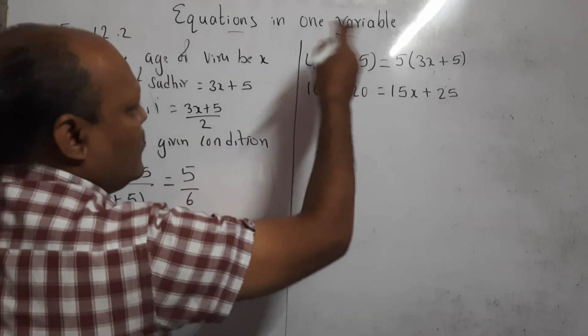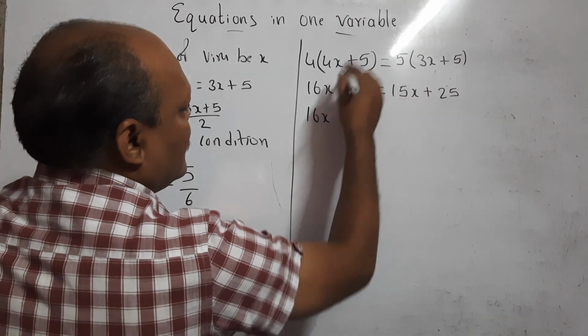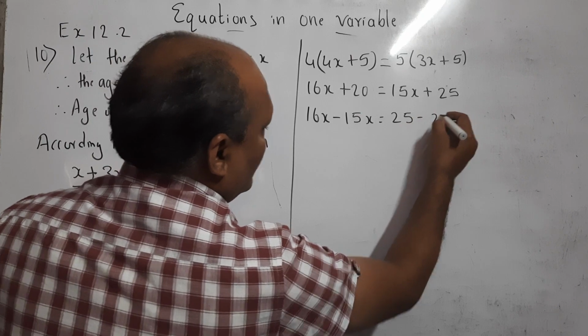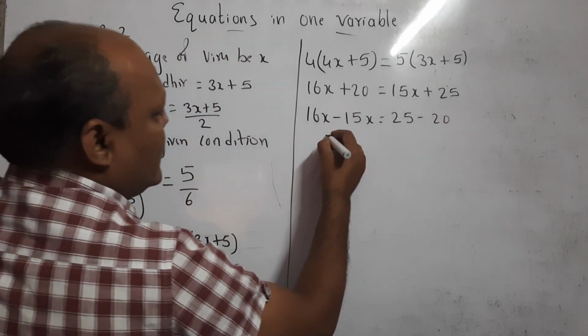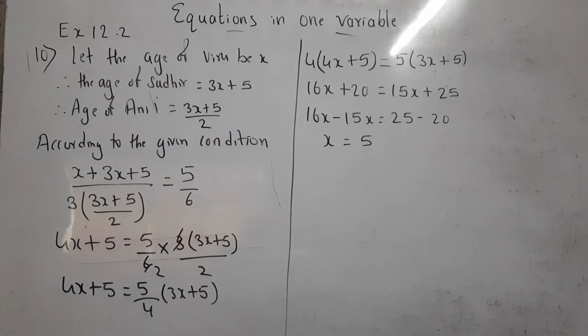Bring the 15 on the other side and 20 on the other side. What you will get here? 16x, ये 15 यहाँ लेगा, minus 15x, 25 minus 20, that is x, and 25 minus 20 is 5. That is the value of x you are going to get, 5.